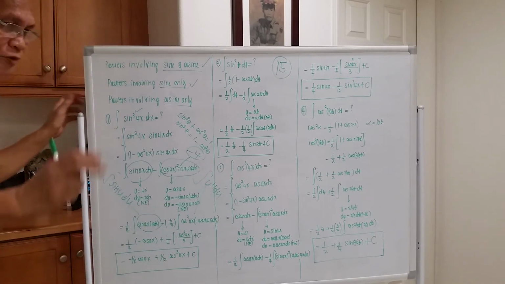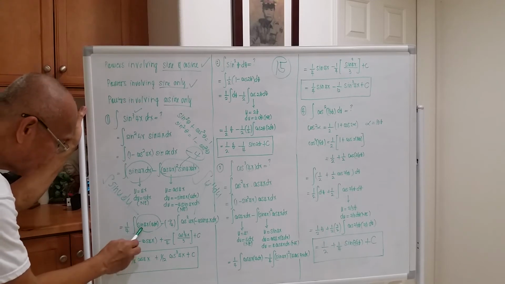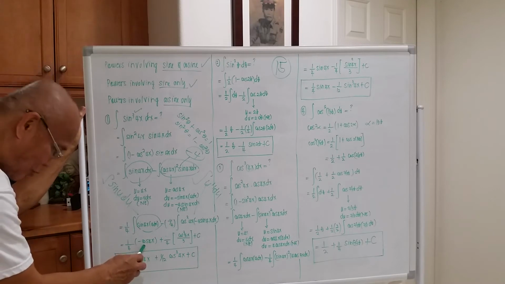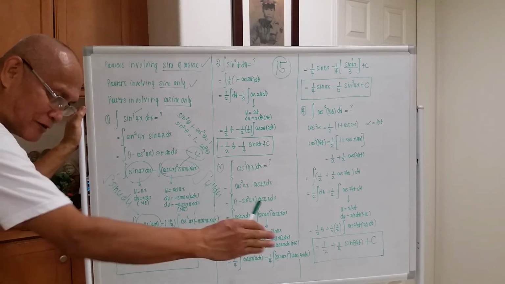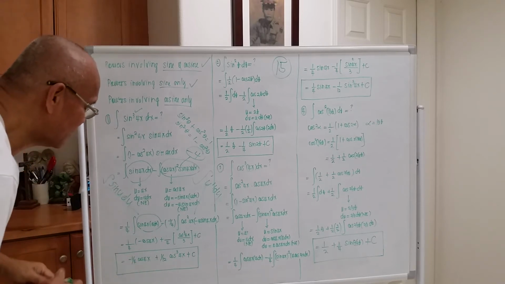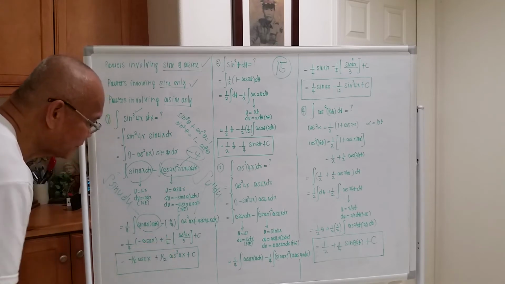Proceeding with the integration, this is 1/4. The integral of sine of 4x dx is actually negative cosine of 4x. Should be negative, right? Plus, minus 1 times minus 1/4 will be plus 1/4.